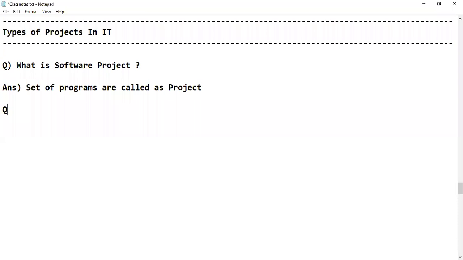Now, next question: why do we need to develop projects? Can anyone tell me why we need to develop a project? We are learning so many courses.